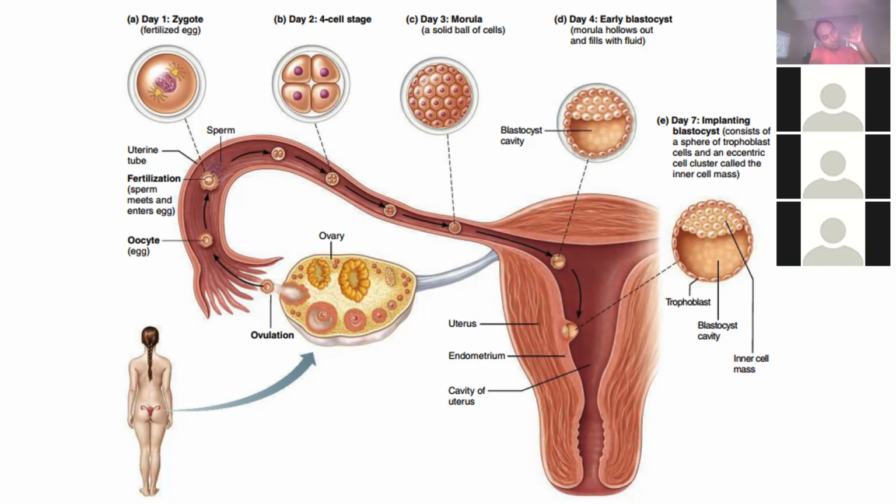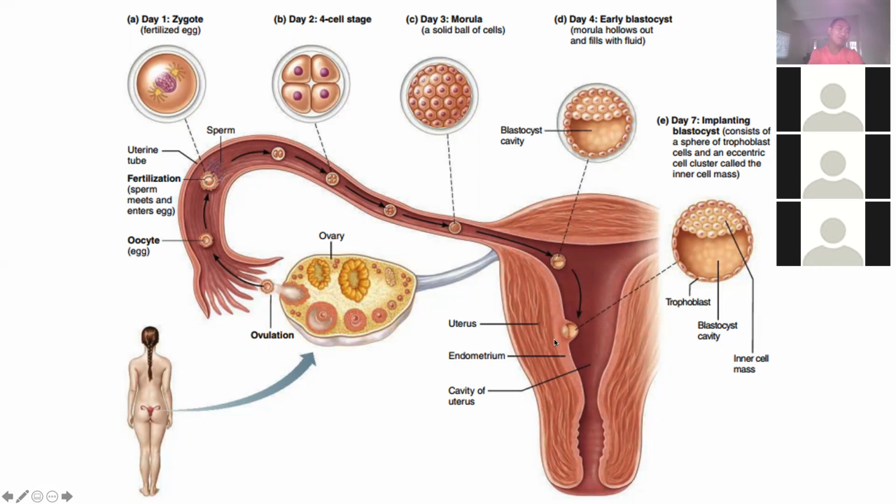So the uterus has 3 layers. The innermost is the endometrium, like endothelium for the blood vessel and epithelium for the gastrointestinal tract. For the uterus, the innermost is the endometrium, which is written here, close to the uterine cavity.